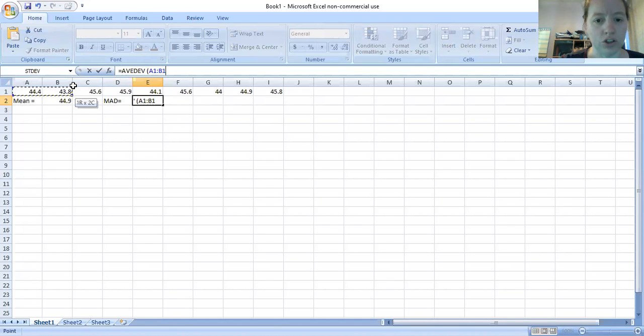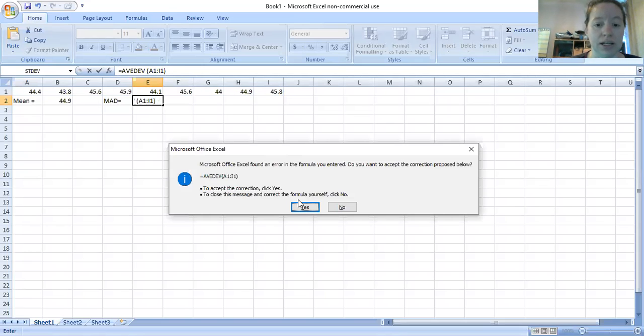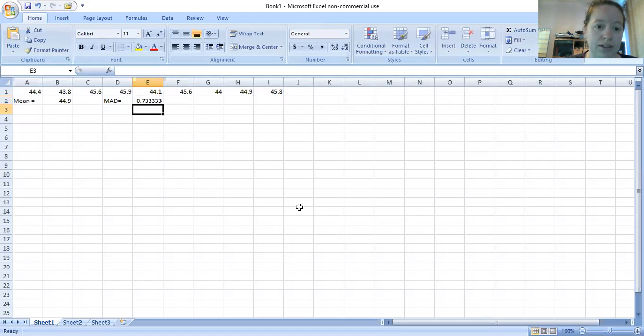And then I'm just going to highlight the cells that I wanted, close my parentheses, and press enter. And yeah, okay. So I needed to put them right next to each other like that instead. Sorry. So this is what you would have ended up with. I wasn't supposed to put a space in because you're not supposed to put a space in the equations for your spreadsheet. So there you go. And he did not reach it because he got 0.7 instead of 0.5.